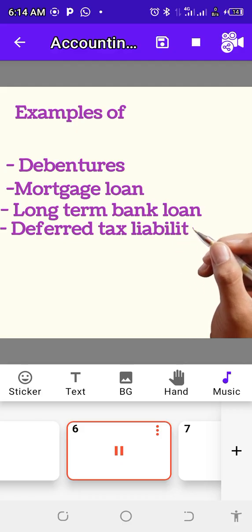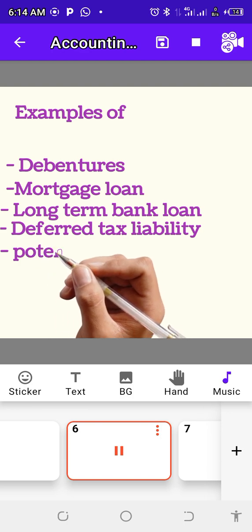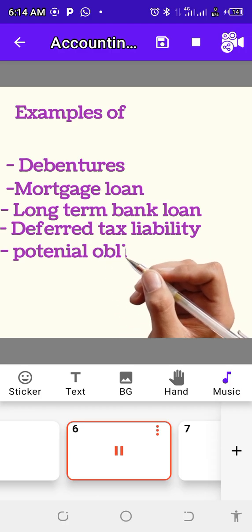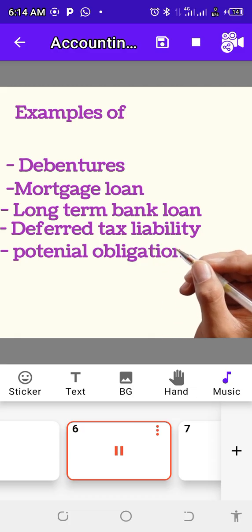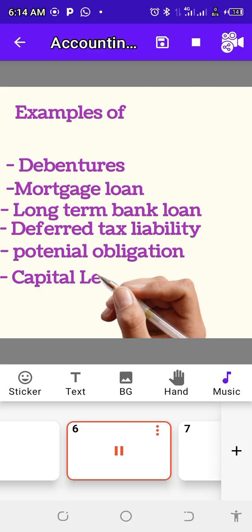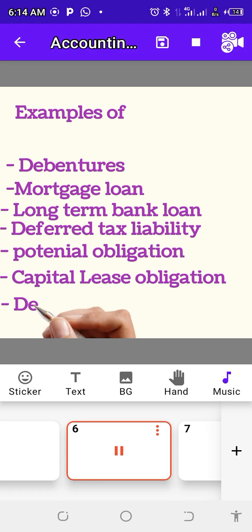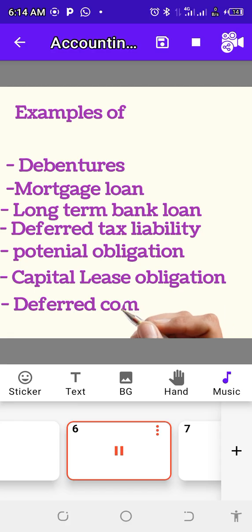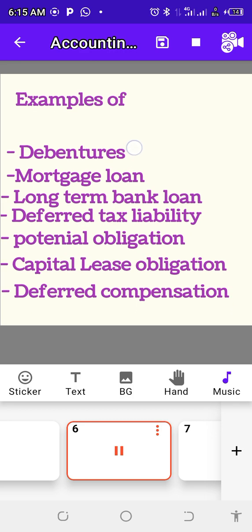We have also potential obligations, contingencies. Then we have capital lease obligation. Then deferred compensation. These are examples of the non-current liability.